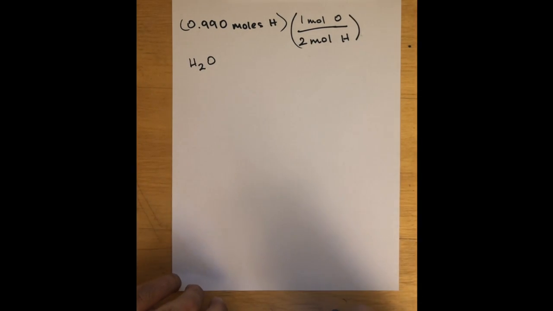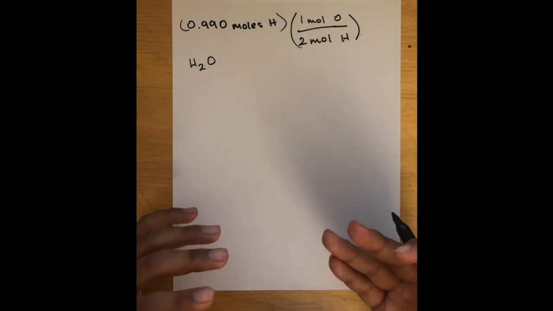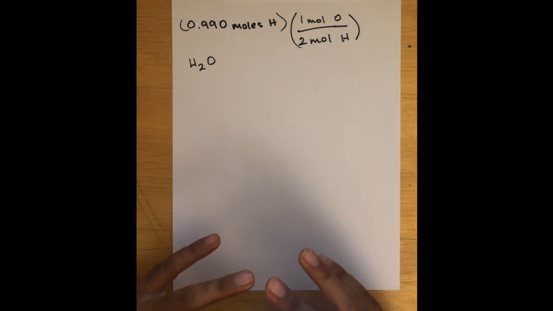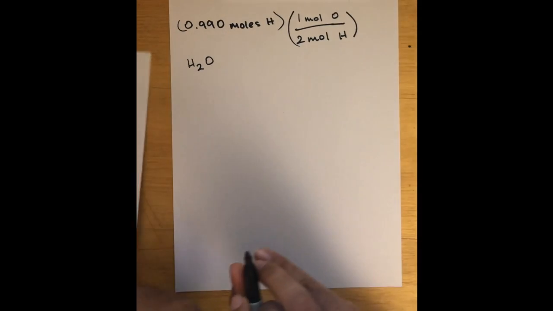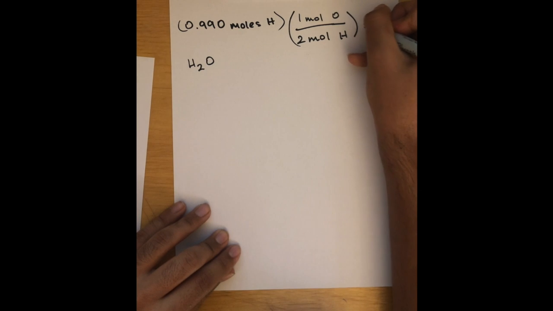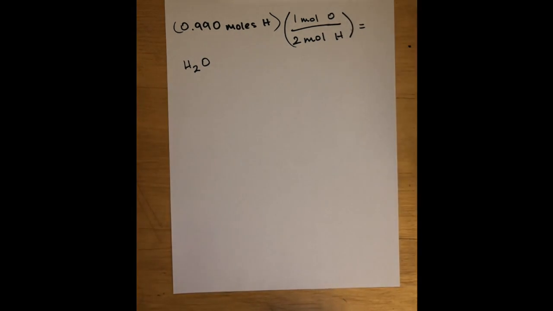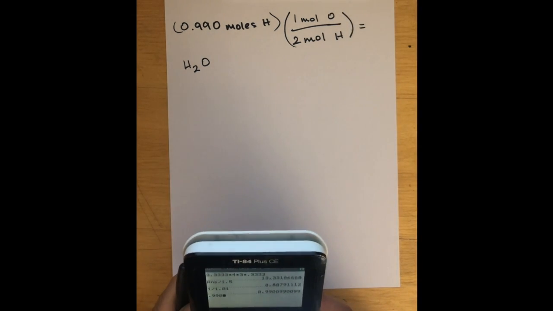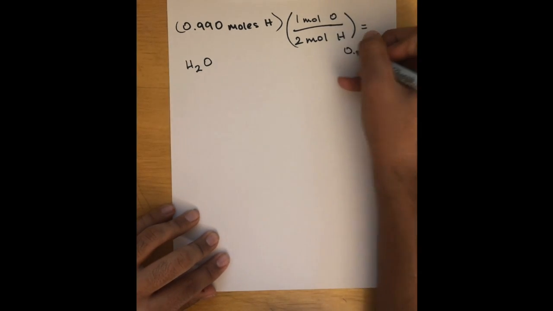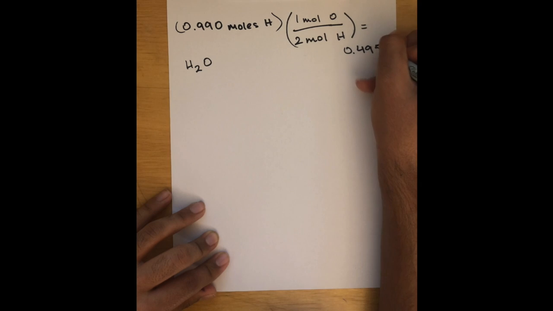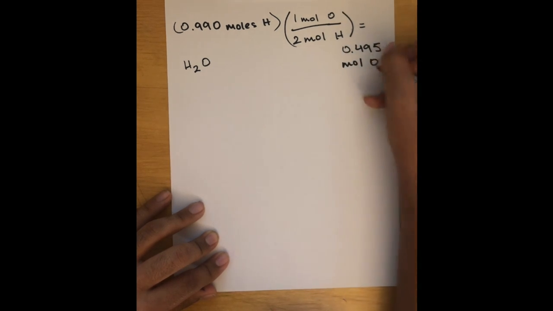Now, where does this leave us? This simply states that to find the number of moles of oxygen that we need to create the sufficient amount of water, we just need to divide 0.990 by 2. And if I do that, I will get 0.495 moles of oxygen.